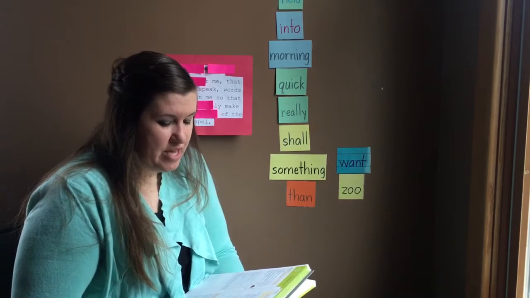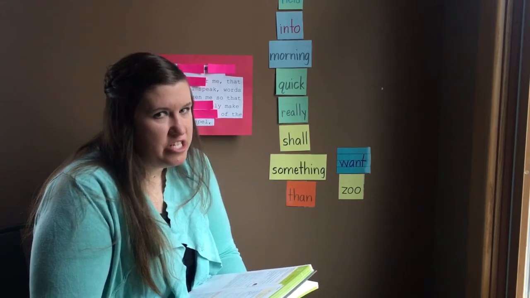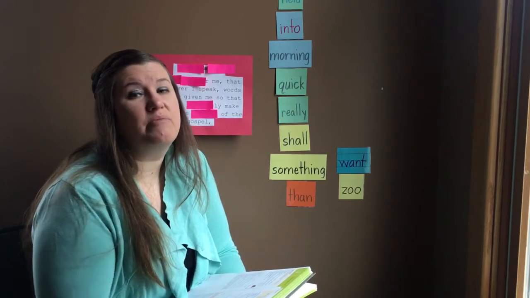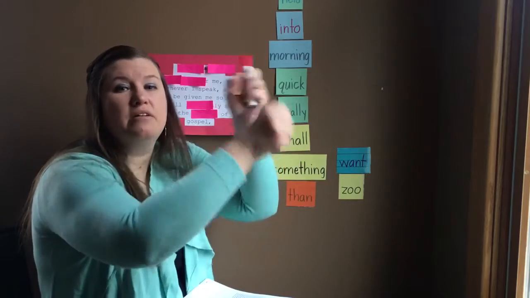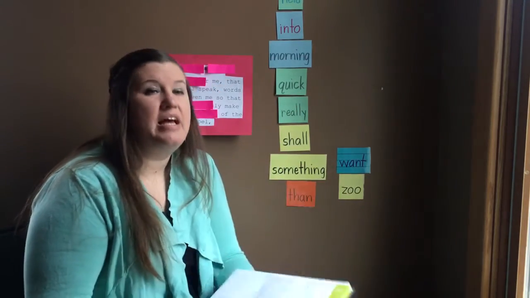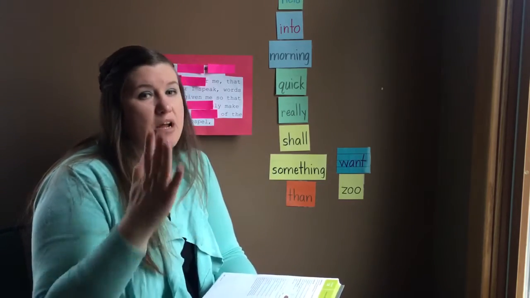Number 2. A bird builds a nest. First direction is circle a verb. A bird builds a nest. What can we act out in there? Build. We can build a nest. Action. So we're going to circle the action word. Put a vertical line in between the subject part and predicate part.